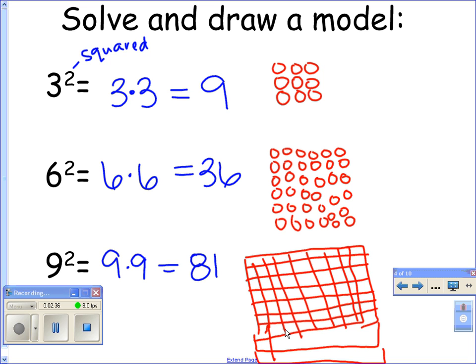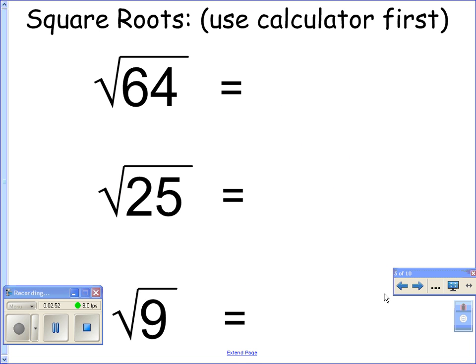Okay, this would be a square. I know it's not to scale. I'm sorry, it's messy. But this would just be a way to model 9 squared. 9 rows and 9 columns, which would be 81 individual squares.